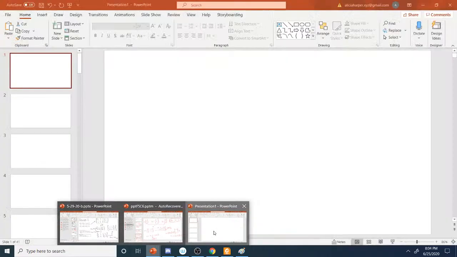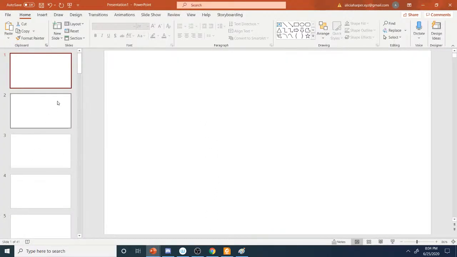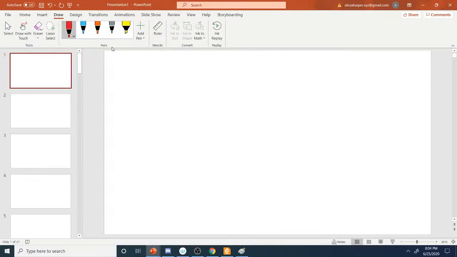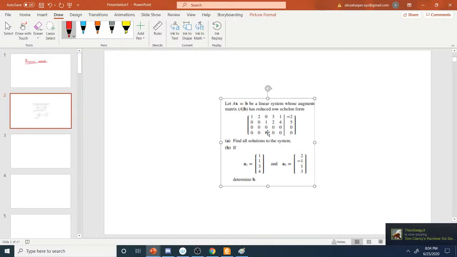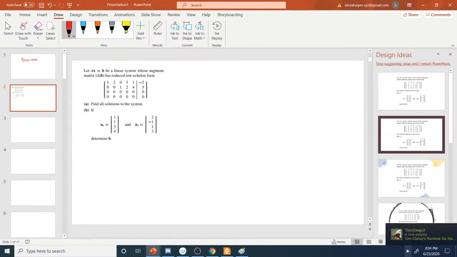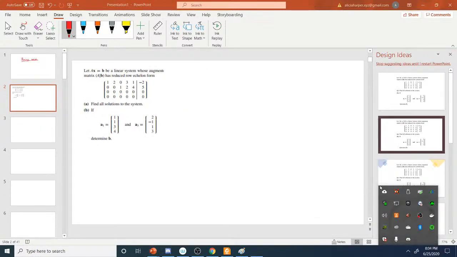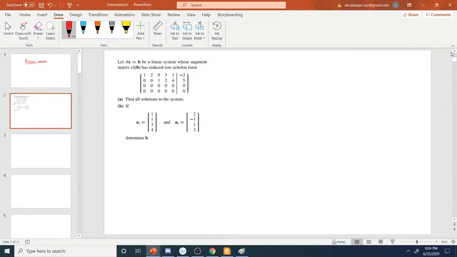Okay, so review session. And this is problem 5 from homework 2.